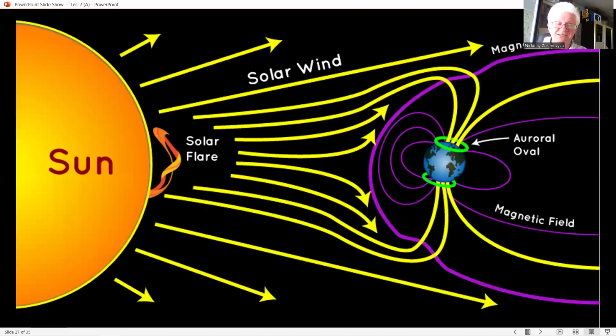Not all of the sun's magnetic field loops back. Some of the field lines lead outward into space. Gas from the solar atmosphere follows along the magnetic field lines that point outward and flows away from the sun in a breeze called the solar wind.